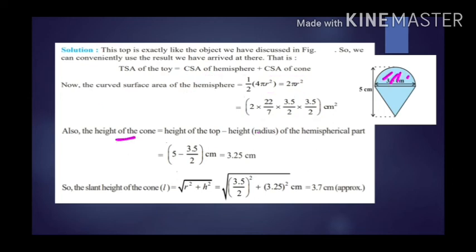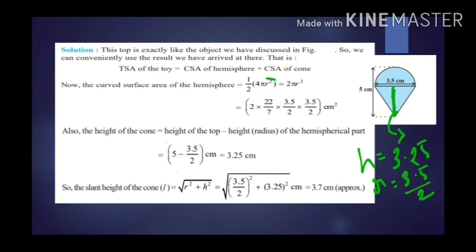Now the height of the cone will be height of the top minus the radius of the hemispherical part, that is 5 minus 3.5 by 2, which is equal to 3.25 centimeter. So now you got h is equal to 3.25 and r is equal to 3.5 by 2.